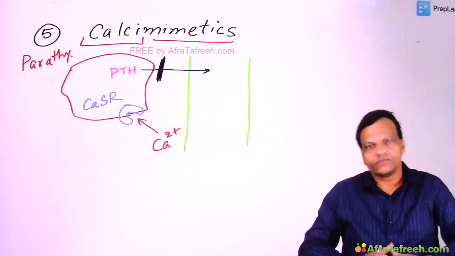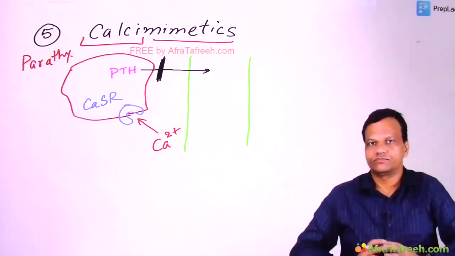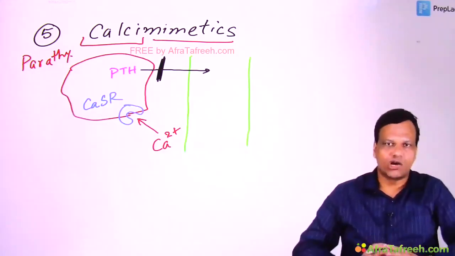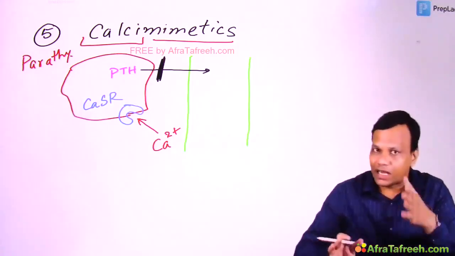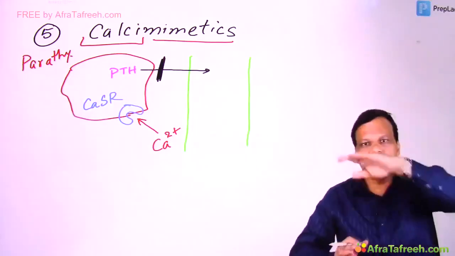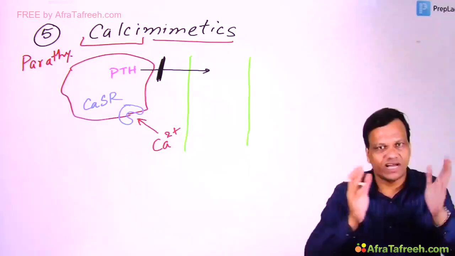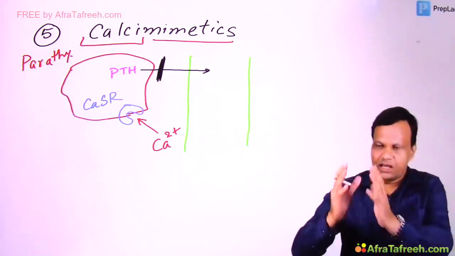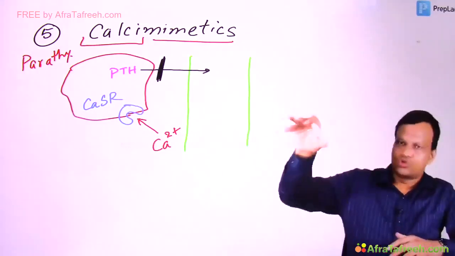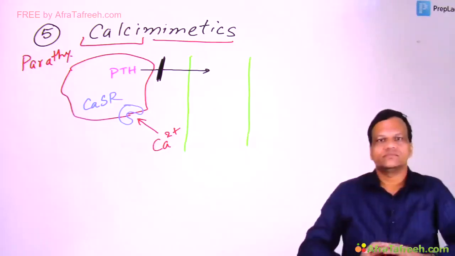Clear? Now, if there is hyperparathyroidism, we know it will increase calcium. Hypercalcemia will be there. But hypercalcemia should automatically inhibit the release of PTH. But this is not happening. This person is having hyperparathyroidism as well as hypercalcemia. And when hyperparathyroidism occurs, osteoporosis occurs, because bone calcium is liberated into the blood.